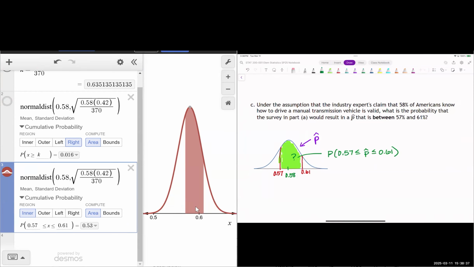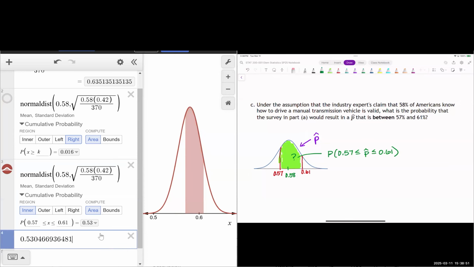Again, over here on the distribution, I can see the graphical representation of the area that we're looking for. And the probability is given here. That is to 3 decimal places, but I want 4 decimal places. So I'm going to expand that and then enter my result, 0.5305. And that is the correct answer for part C.